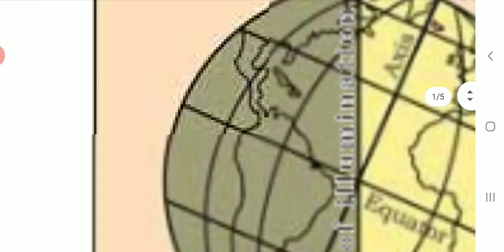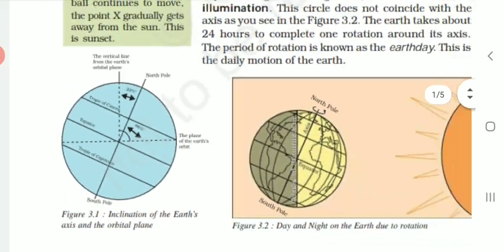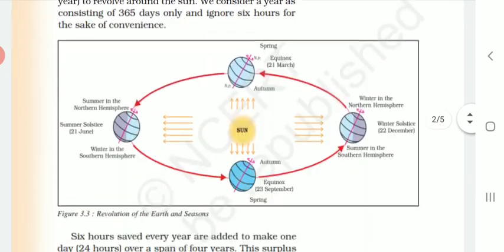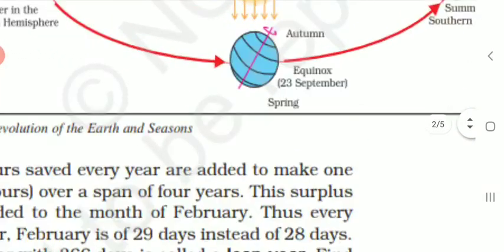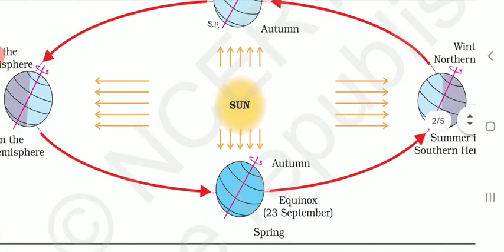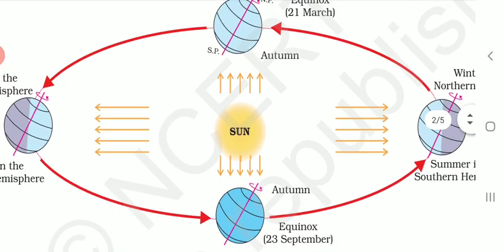Now, what the orbital plane actually is, we can understand from this diagram. As you can see, this is the earth revolving around the sun. How does it revolve? It revolves on a fixed path.